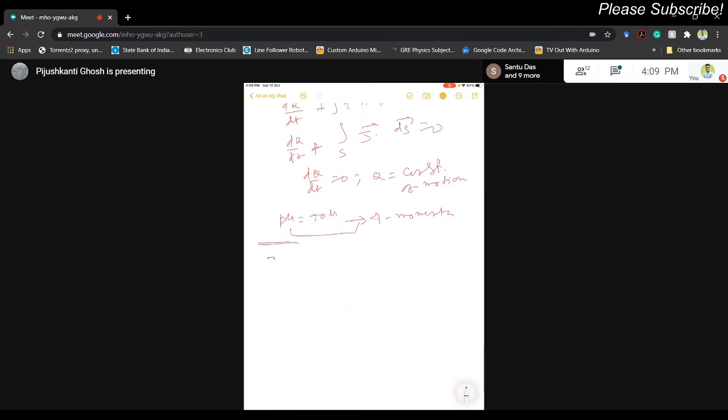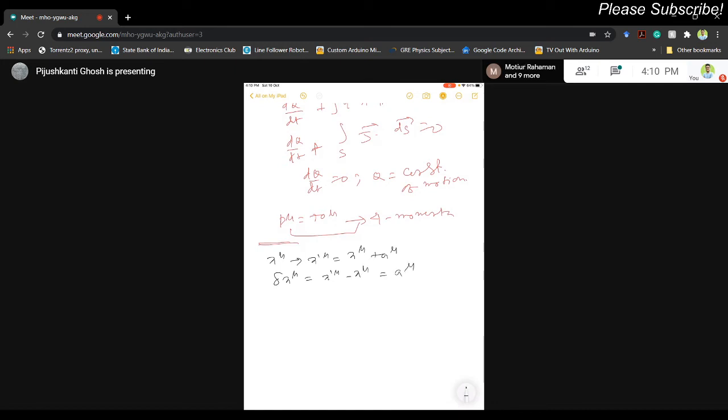So x mu goes to x prime mu is equal to x mu plus a mu. The change in x mu is denoted as delta x mu. This is nothing but the difference between x prime mu and x mu, and this is a mu.